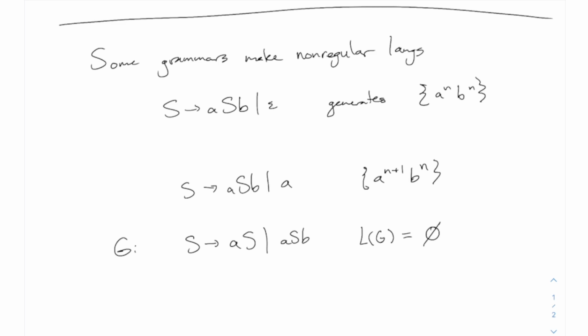Any possible derivation that you do here will go on forever, and so there are no actual specific strings that you can generate with that grammar. So it is a legal grammar. It still counts as a grammar, but it's kind of useless. You would never actually encounter this grammar or use it for anything because it doesn't generate any terminal strings.